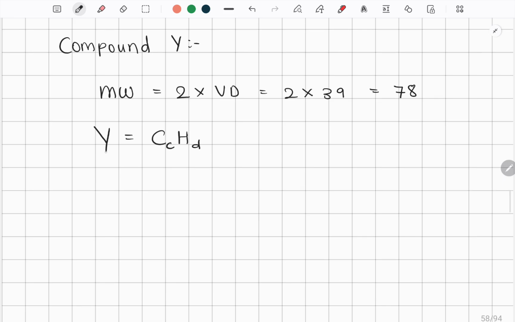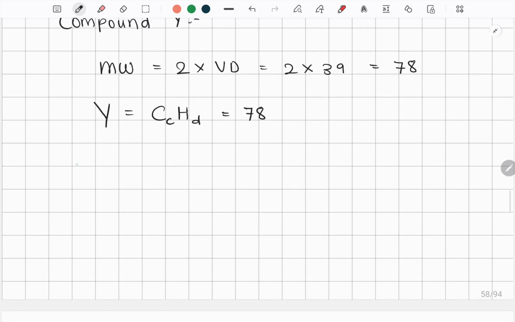Now if I want to calculate the molecular formula, I know the molecular weight is 78. I am going to substitute different values and try to find the value which matches my molecular weight. So molecular weight is equal to C into 12 for carbon plus D into 1 for hydrogen, which should be equal to 78.